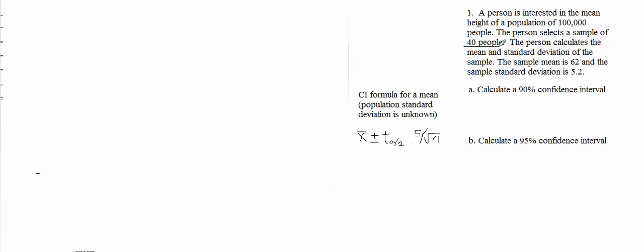The way the table is set up is that the row that we need to go to is actually the row that's one less than our sample size, because you'll notice if you go back to the table that up here at the top of this left column right here, it says df. And what df actually stands for is 1 less than the sample size. So df equals n minus 1.